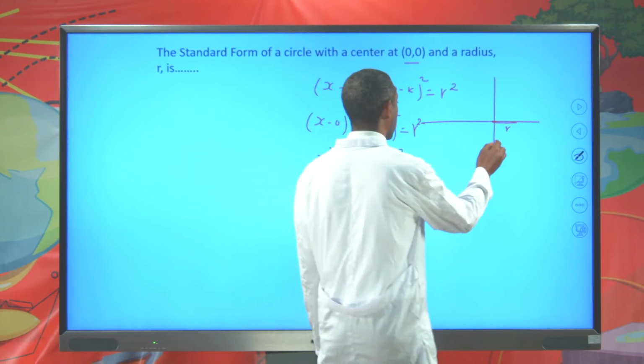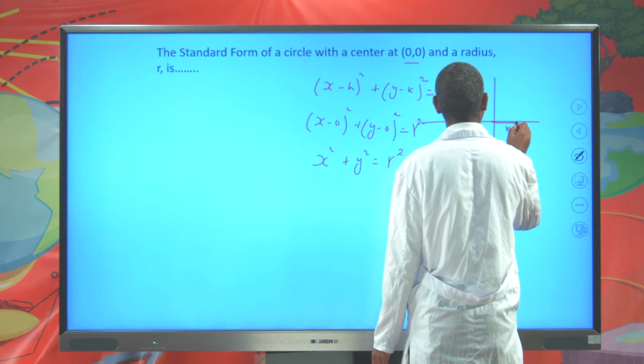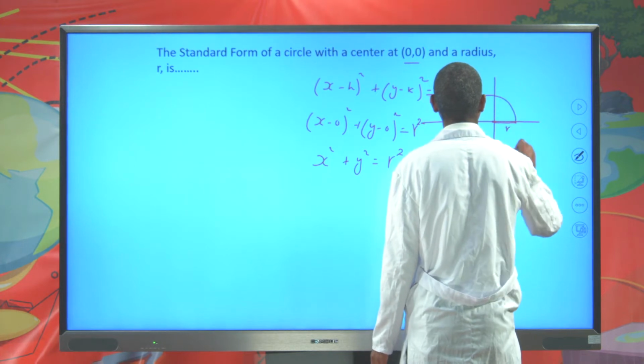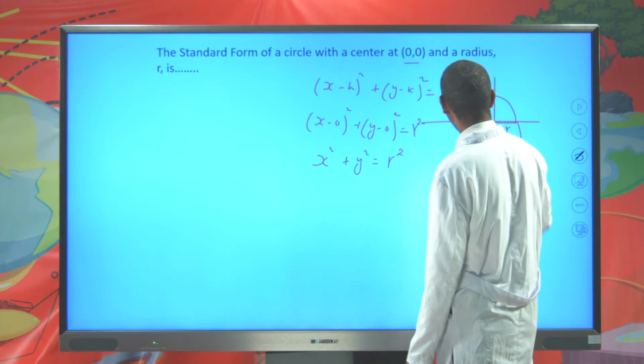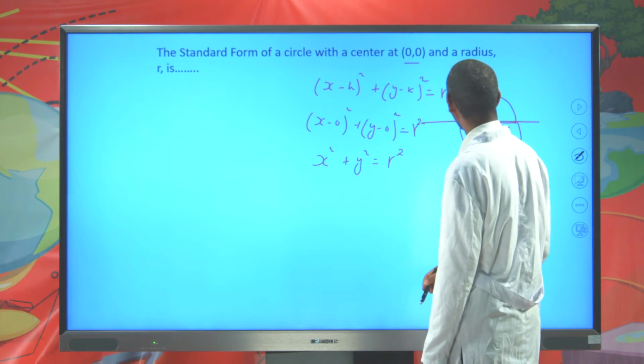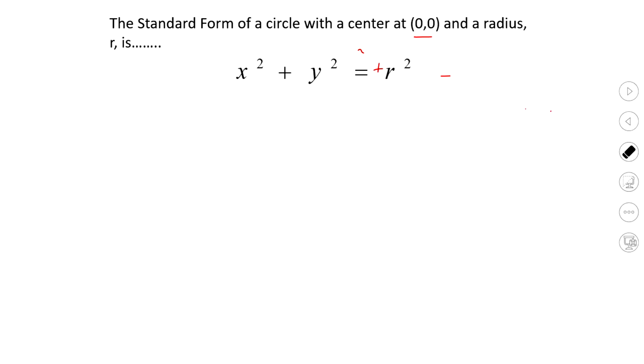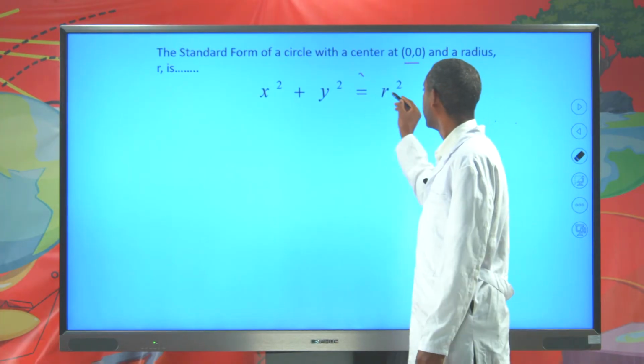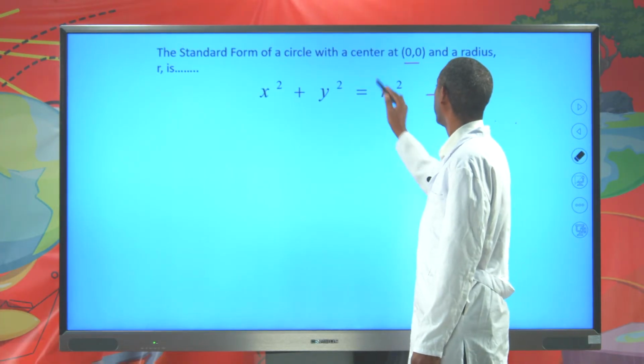So we form a circle of radius r, and the center is at the origin. This is the standard form of the equation of a circle with center at the origin, and the radius is just r.